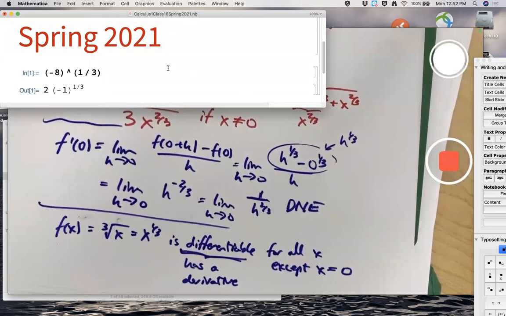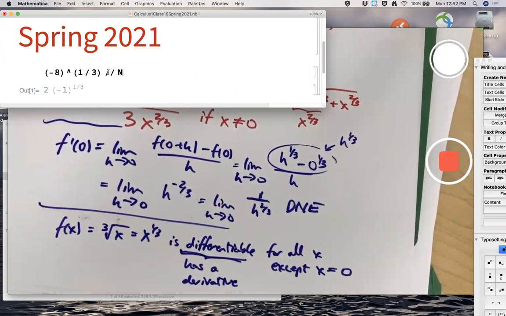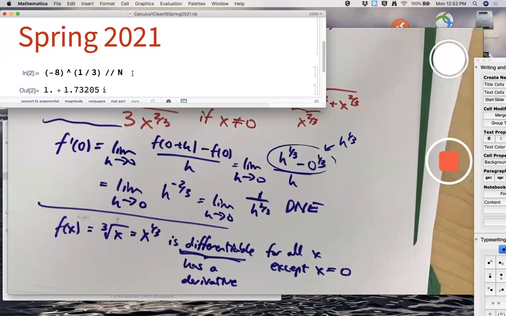Almost. If I approximate this, one way to approximate numbers is to do // and then capital N at the end. // is what's called a postfix operator. We're just doing something at the end. The capital N means numerical approximation. There's what I get. 1 plus 1.73205i. What?